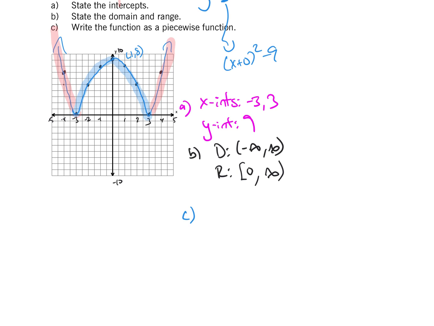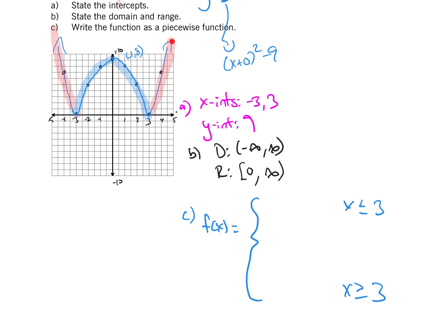So we're going to say, and copy this down and pay attention to the way we write it, f of x equals. The first part, I'm not writing in what they are yet, I'm just going to write in where they are. The first part is when x is less than or equal to negative 3. That's this first part of the graph right here. The last part is x is greater than or equal to 3.